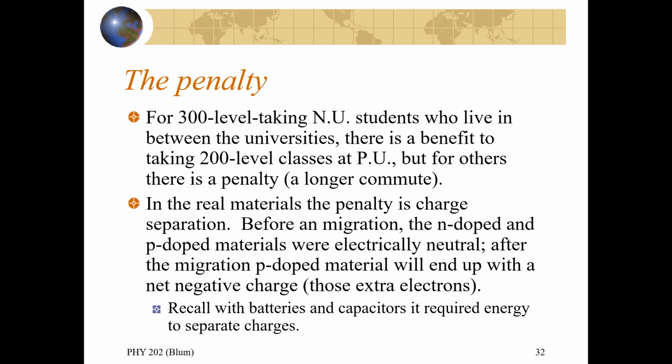Okay. So in our analogy, we say there's some penalty. They have to pay a transfer fee, or they have to commute or something. In the real materials, we talked about having maybe extra electrons or not enough electrons, but everything was always neutral.